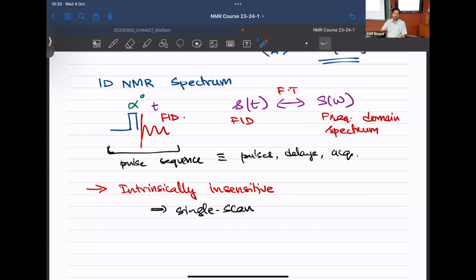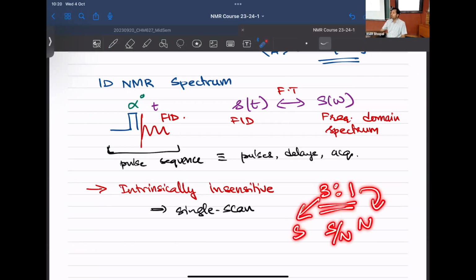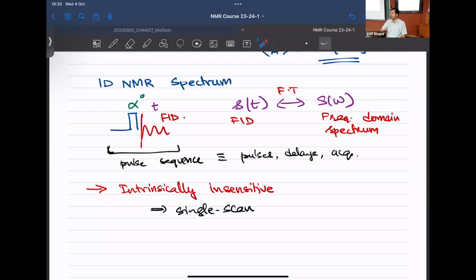How is signal to noise defined? Quite often it's defined as if you have a 3:1 signal to noise ratio, then you would say that is an appreciable signal. And many times what could happen is that you might not have enough sample concentration to achieve something like this with a single scan.